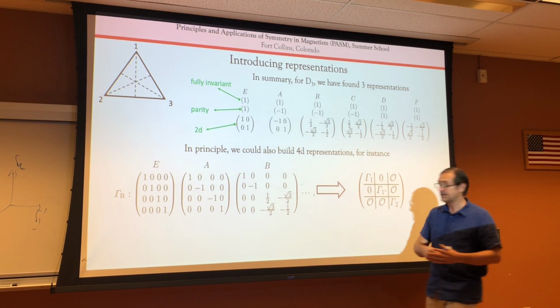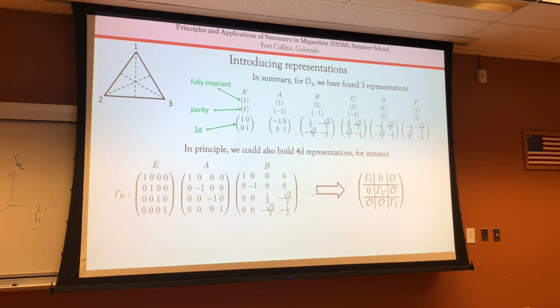So mathematically, we can write that the representation in 4 dimensions will be gamma 1 plus gamma 1 prime plus gamma 2. 1 dimension, 1 dimension, 2 dimensions, I have a 4-dimensional object.